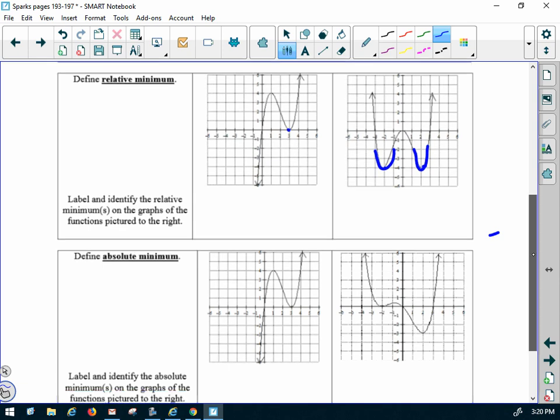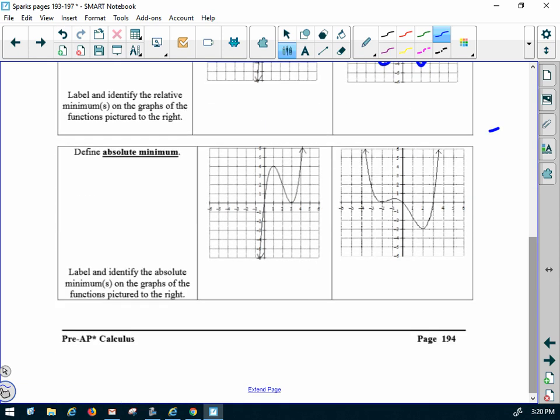Look at this one on your filled in notes. An absolute minimum is absolutely the lowest point on that graph. You hear me? I want you to look at this first one. What is the absolute minimum?